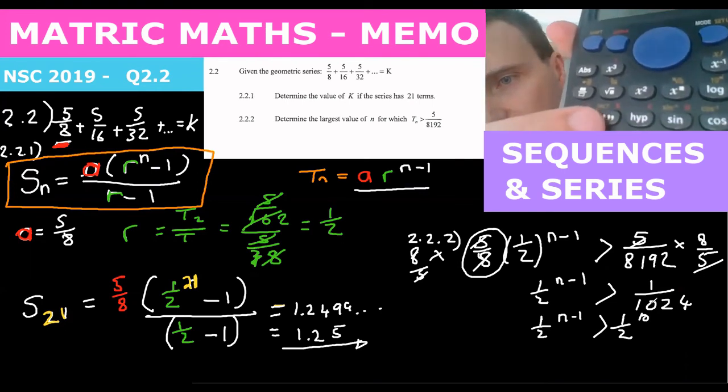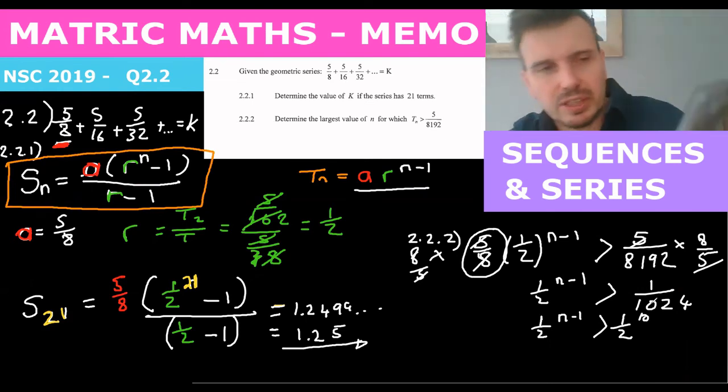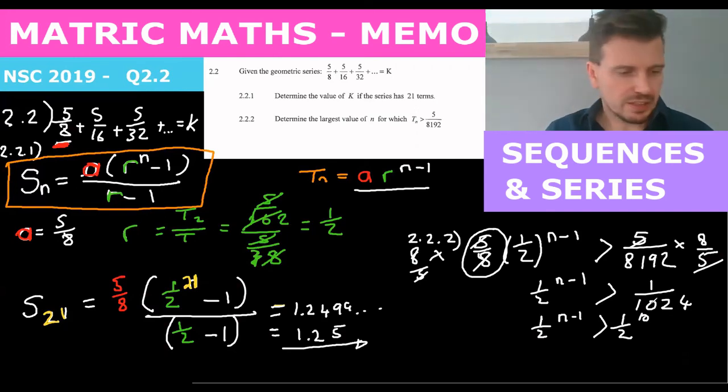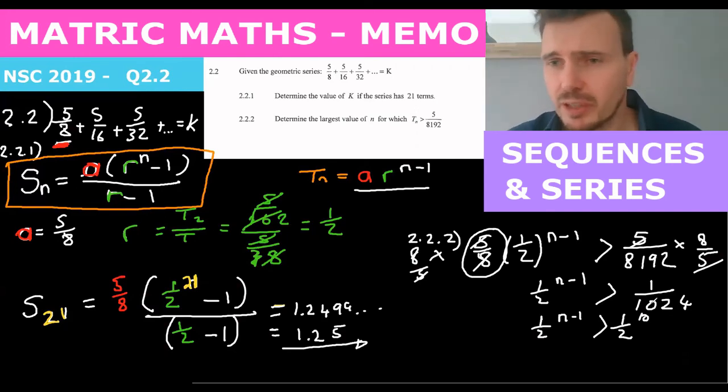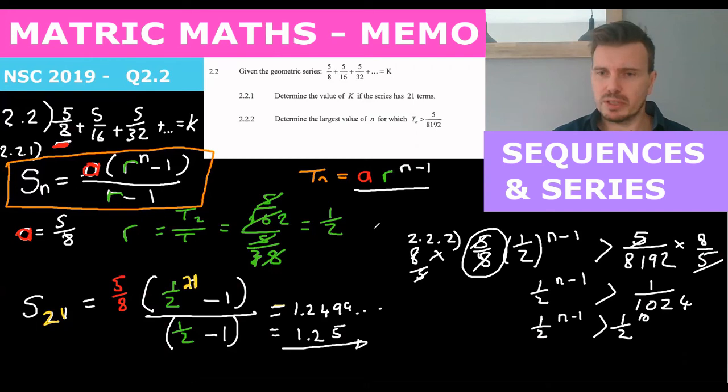Look for the fact button on your calculator, and it tells you that's 2 to the 10. It tells you all the factors. I'll do a video on that maybe if someone wants me to. Just put it in the comments section, or message me if you didn't understand that.